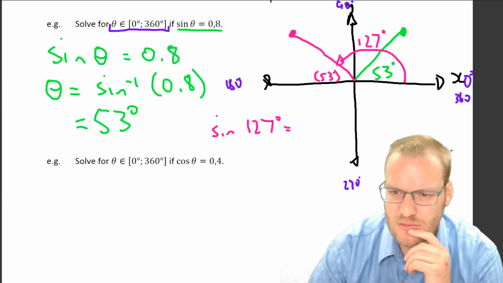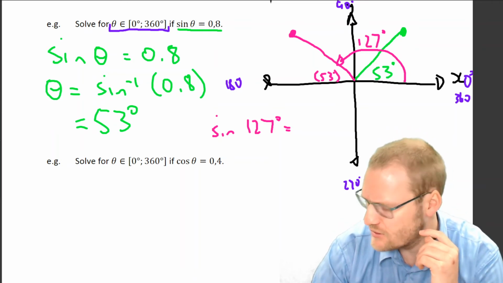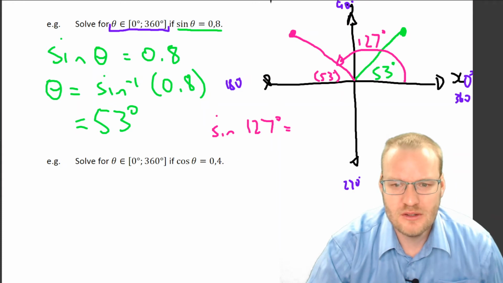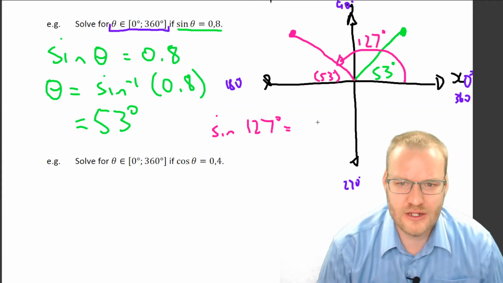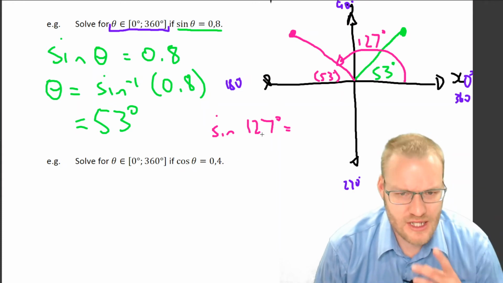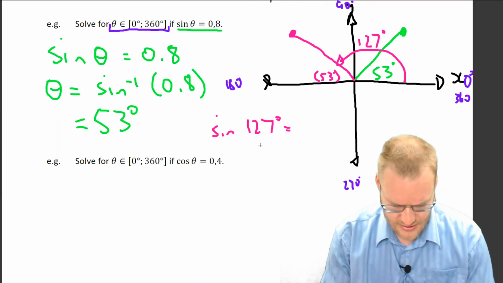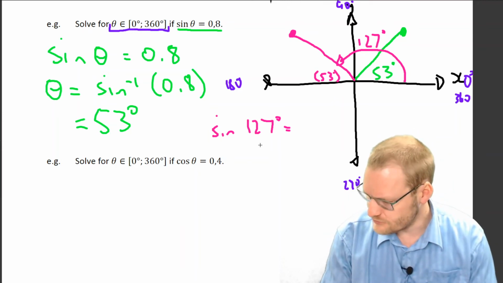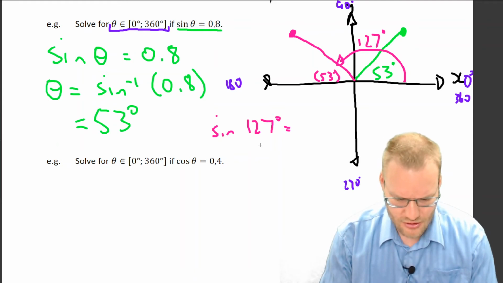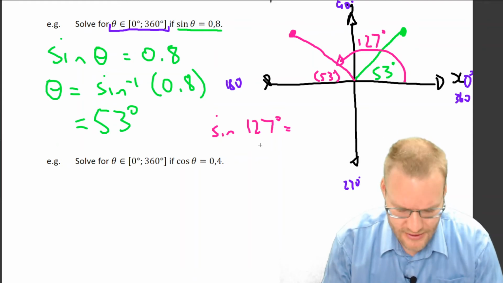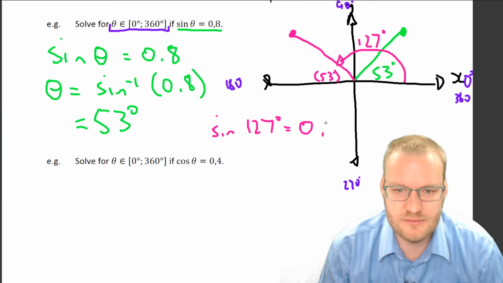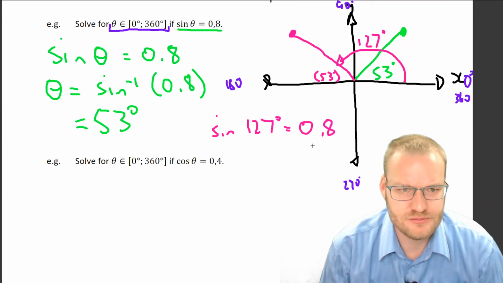Now let's pause for a second and just think what it is. Okay, so our 127, so sine of 127, well, let's just punch that in our calculator. Sine 127 equals 0,798. So basically, this equals 0,8.